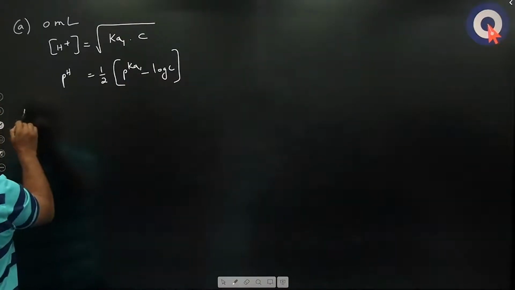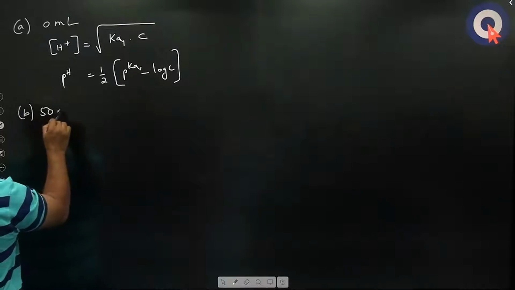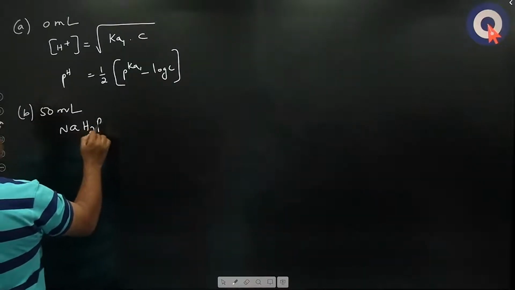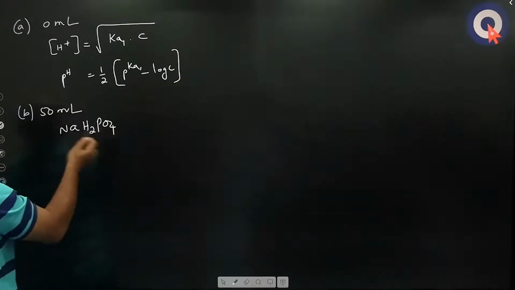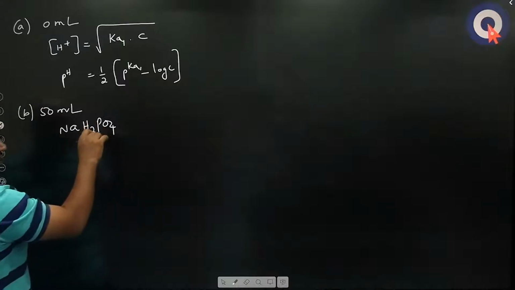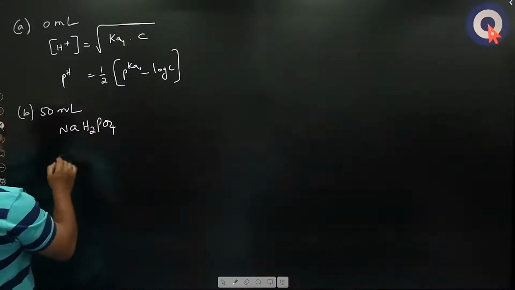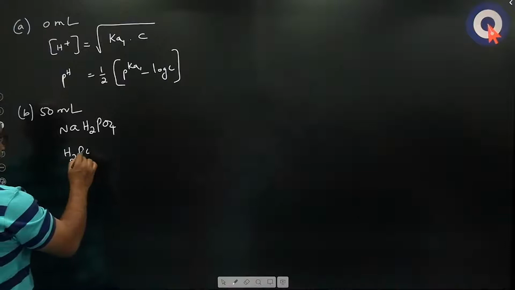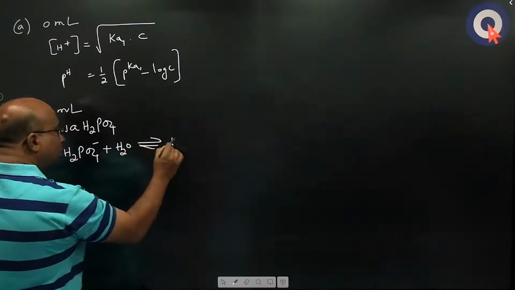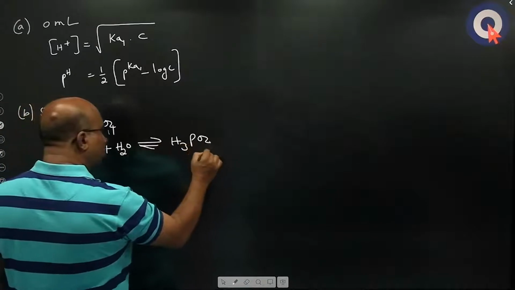But what is the second situation? When 50 ml is added, it was Na2H2PO4. So it's a salt of H3PO4. But H2PO4 minus undergoes hydrolysis. When H2PO4 minus is hydrolyzing, it is converting to H3PO4 plus OH.